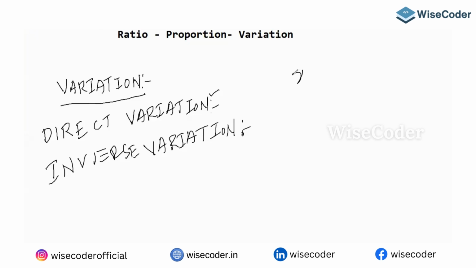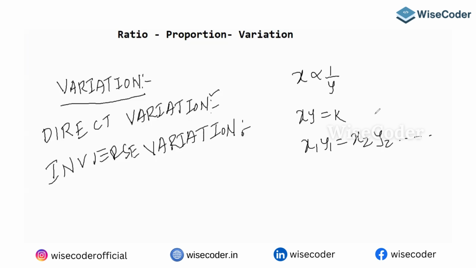When x is inversely proportional to y, what can you write? xy is equal to a constant. So you can say x1 y1 is equal to x2 y2, and so on. That will continue.